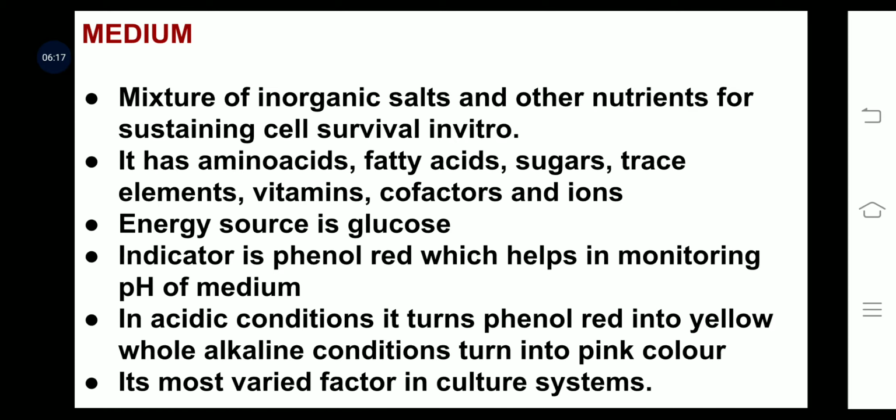Indicator is phenol red, which helps in monitoring the pH of the medium. In acidic conditions, phenol red turns yellow, whereas in alkaline conditions it turns pink. It's the most varied factor in the culture systems. So medium changes the most when you have different cultures. It is the medium which makes the most variation.